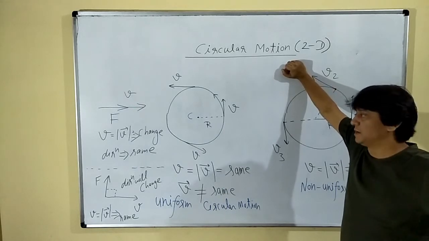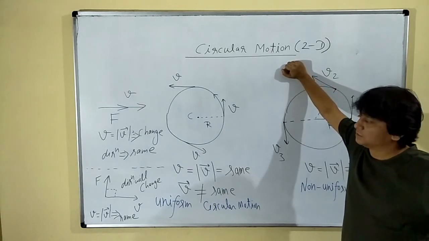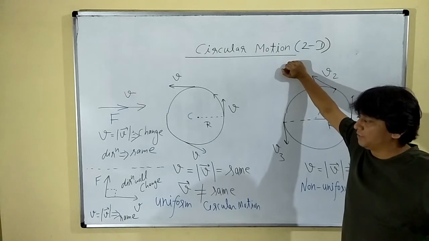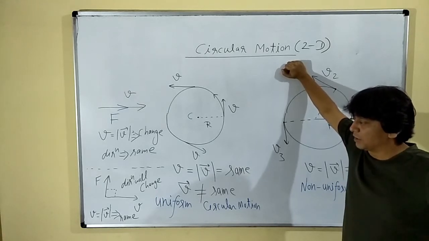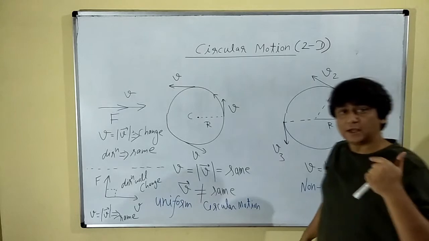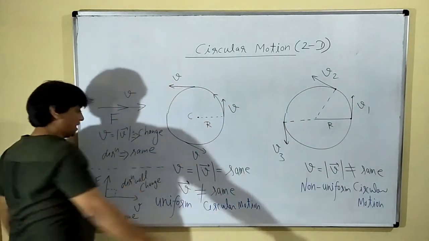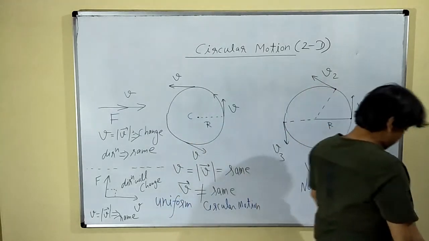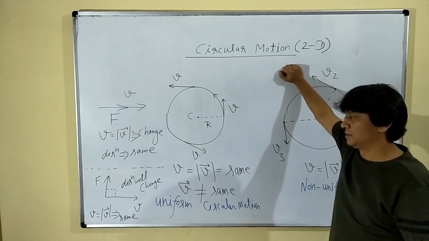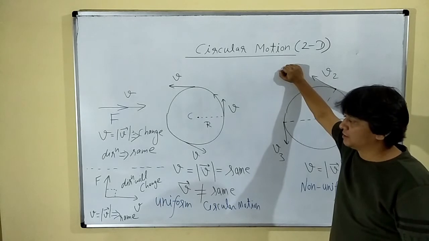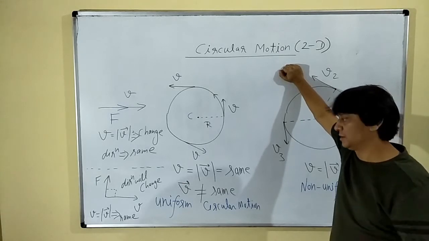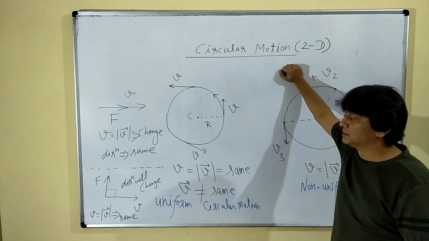Now write down the second statement. If force is perpendicular to the velocity vector, then as it doesn't have any effect in the direction of velocity of the object, magnitude of velocity will remain same.